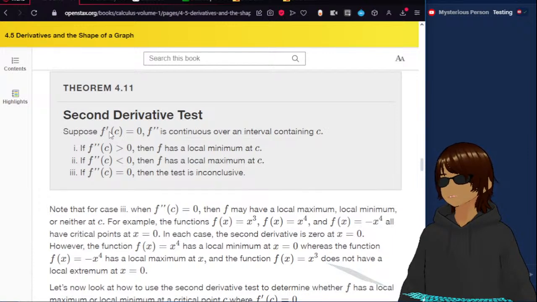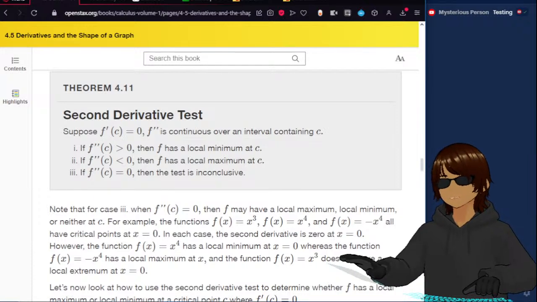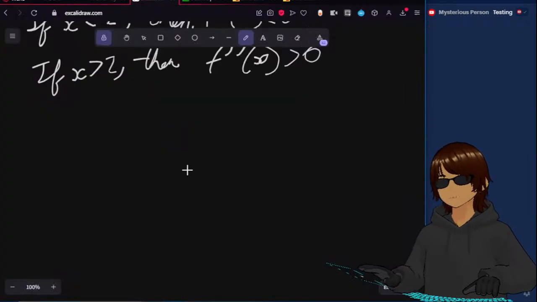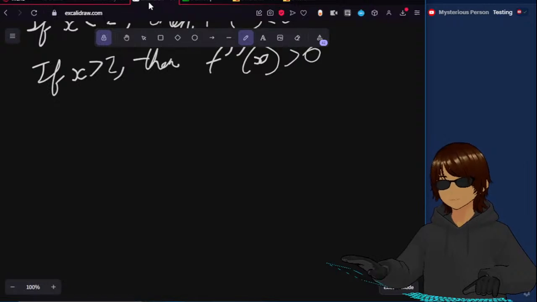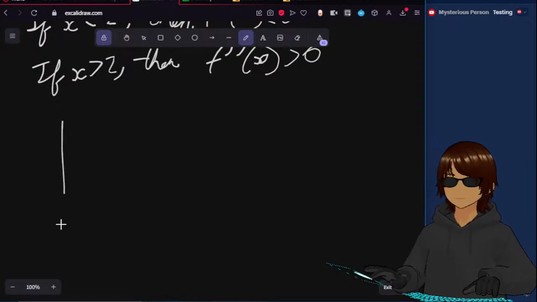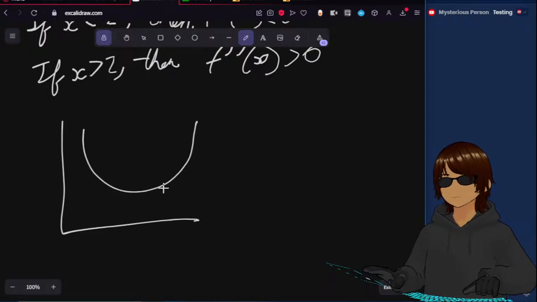Oh, I see. I got it. So if it's like this, the derivative is 0, but the gradient is increasing over time, so the double derivative would be more than 0.